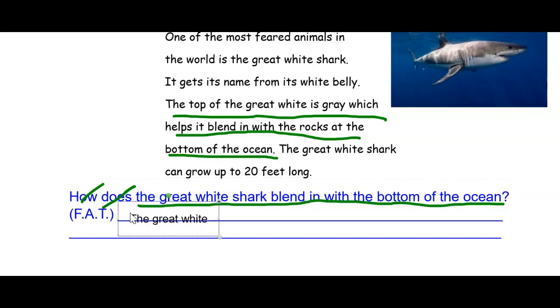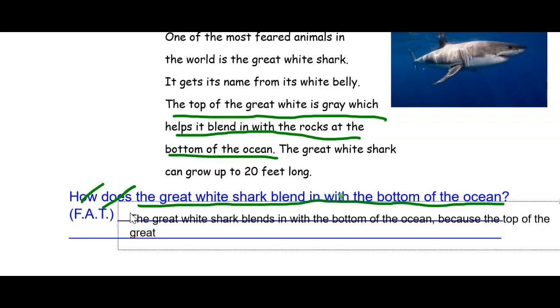The great white shark blends in with the bottom of the ocean, comma, because the top of the great white shark is gray, which helps it blend in with the rocks at the bottom of the ocean.